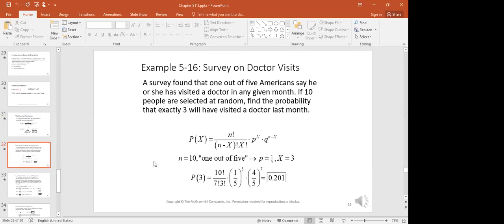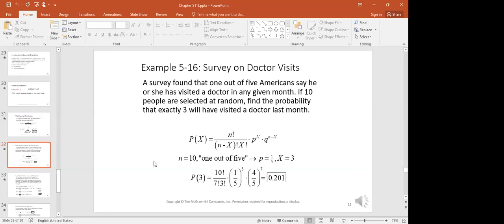A survey found that 1 out of 5 Americans say he or she has visited a doctor in a given month. If 10 people are selected at random, find the probability that exactly 3 will have visited a doctor last month. So here the number of trials is 10.